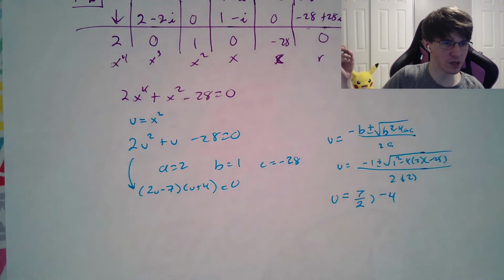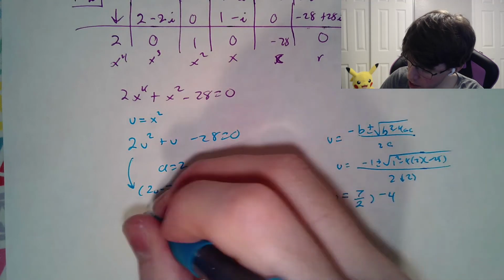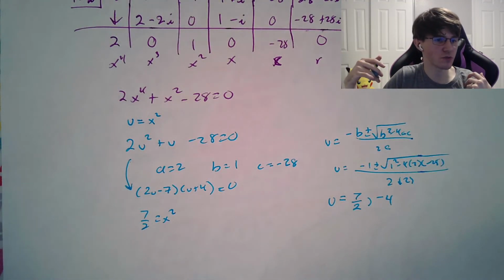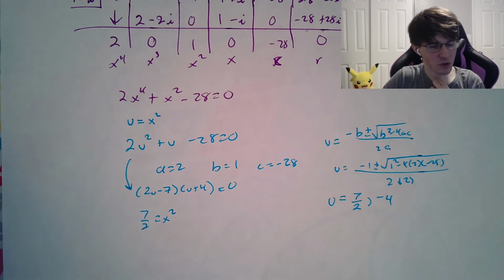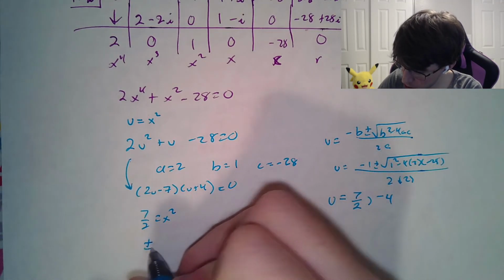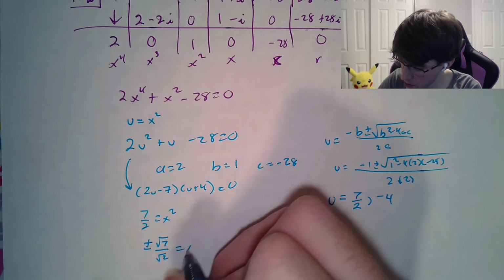Using your quadratic formula to get to u, but the answer wants x. u is equal to x squared. So that means that 7 over 2 is equal to x squared. And now we have one that is very similar to the previous question, where we can just take the square root of both sides of the equation. If you take the square root of both sides, you'll end up with plus or minus the square root of 7 over the square root of 2 is equal to x.